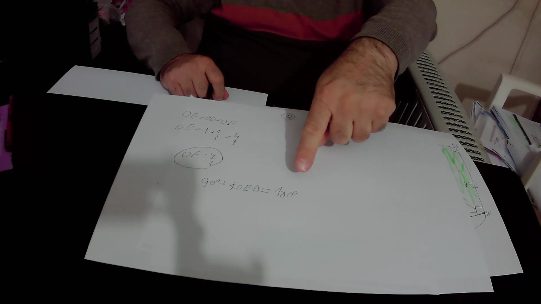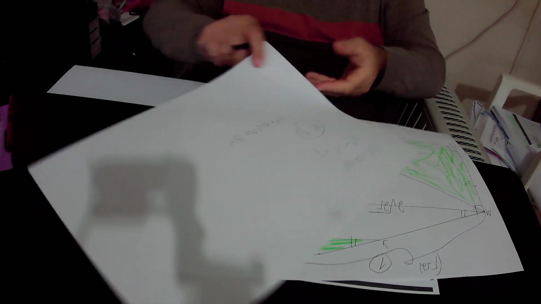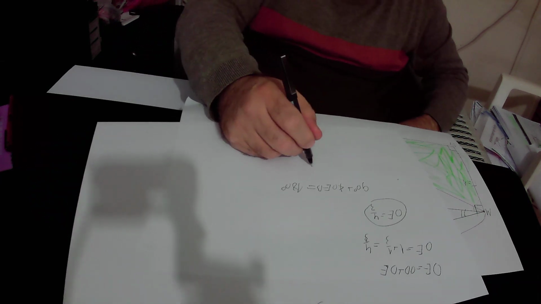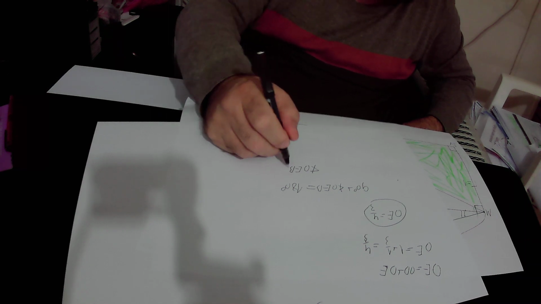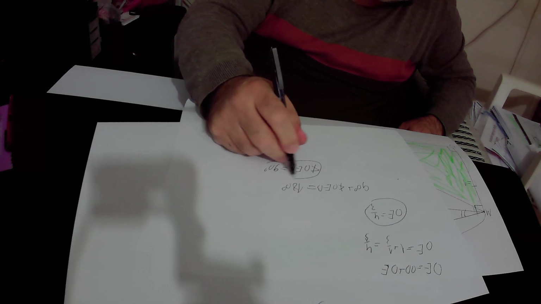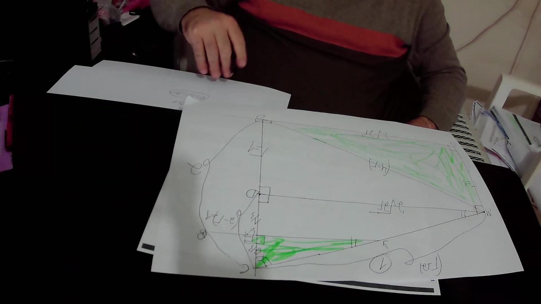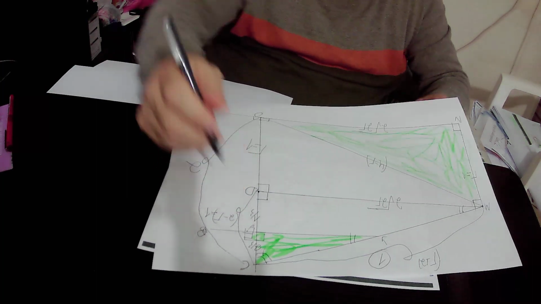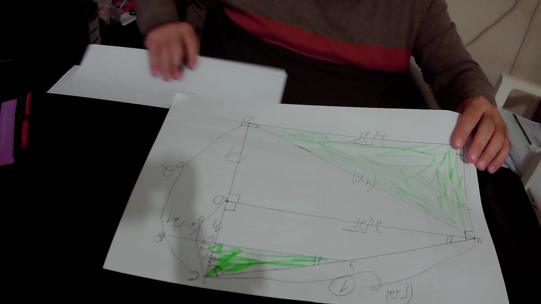Here we will subtract 90 degrees from this equality, and we will get that the size of angle OEB equals 180 degrees minus 90 degrees, which equals 90 degrees. So angle OEB is a right angle, it equals 90 degrees.